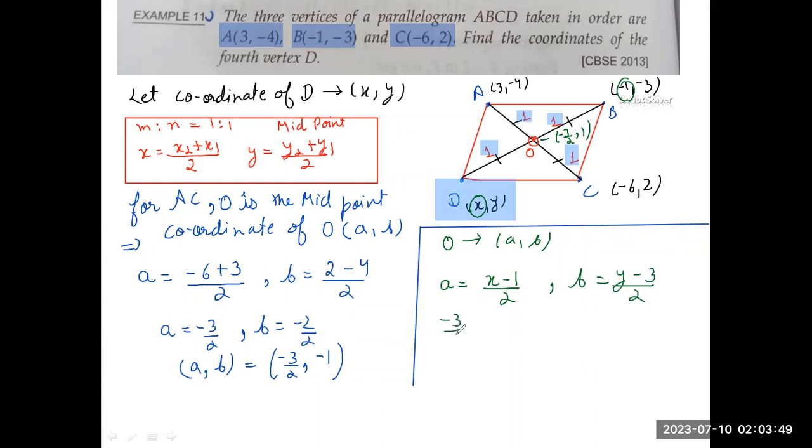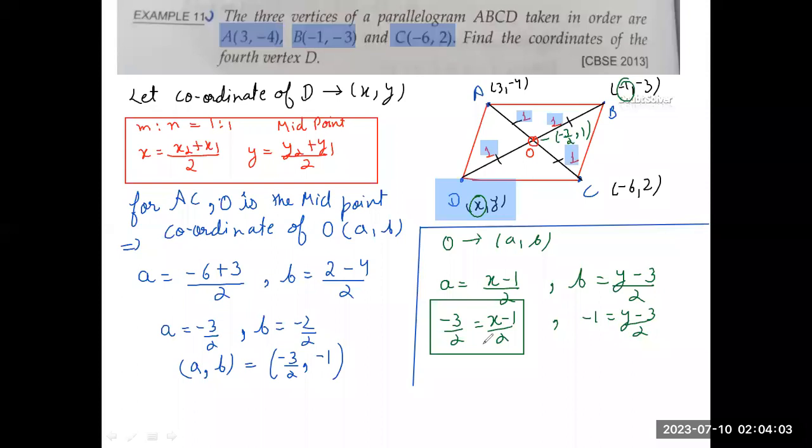This is -3/2 equals (x - 1)/2, and -1 equals (y - 3)/2. Let's solve this first. The 2 gets eliminated on both sides, so -3, and I'll take this -1 towards the left-hand side. That would be positive 1 is equal to x. I can write x equals -2.